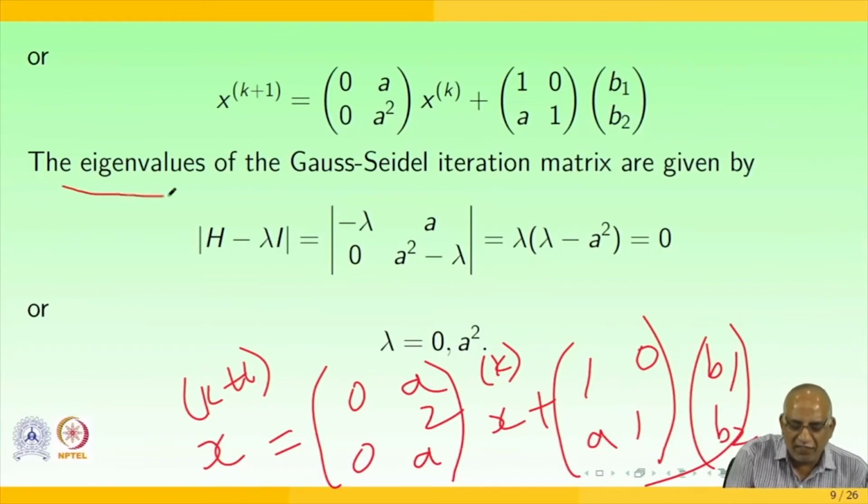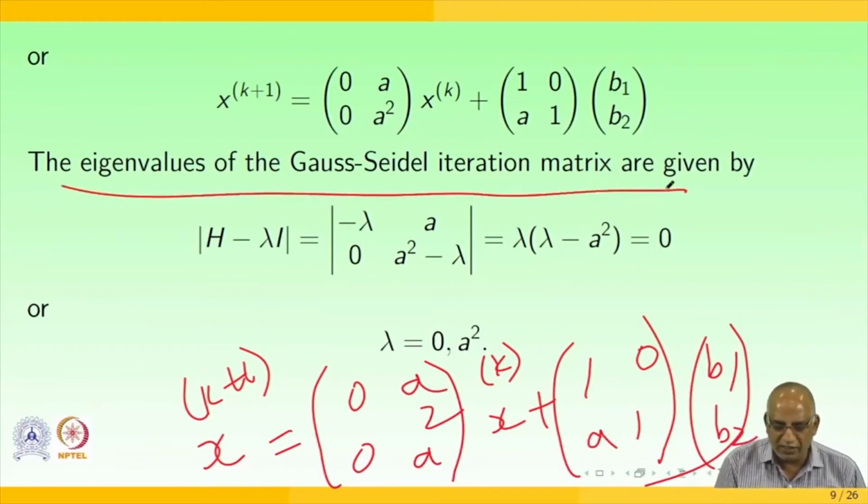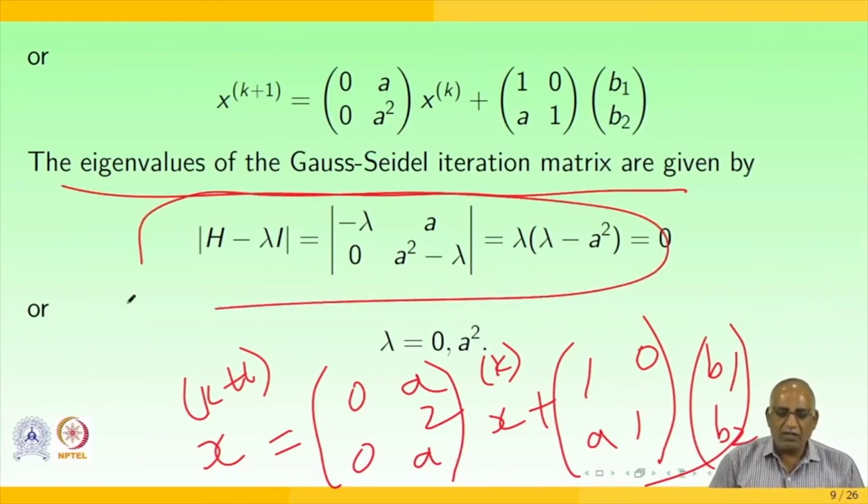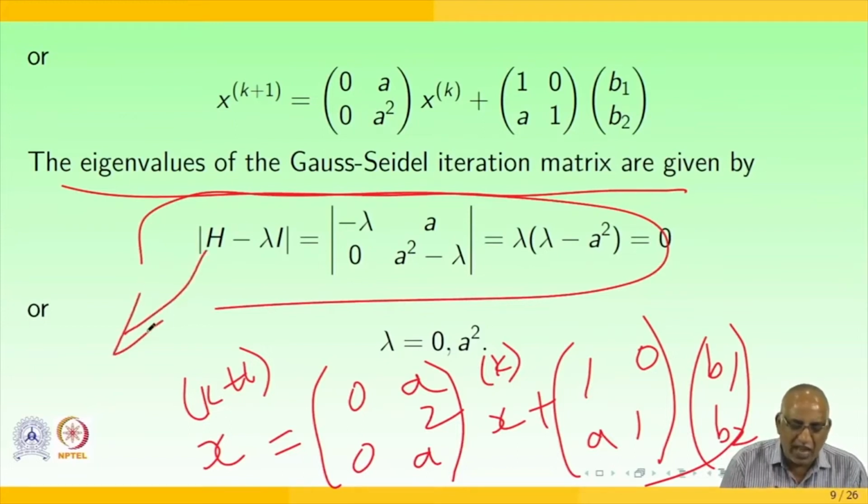So the eigenvalues of the Gauss-Seidel iteration matrix are given by modulus of H minus lambda I. H is the 2 by 2 matrix as we discussed in the previous case. Lambda is a scalar, I is the unit matrix.